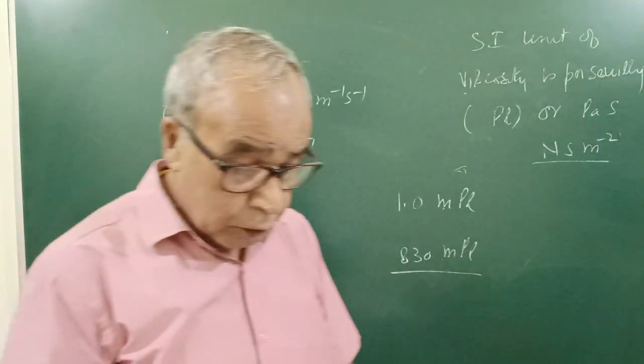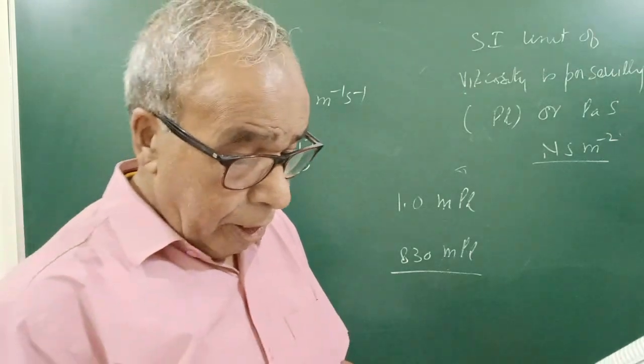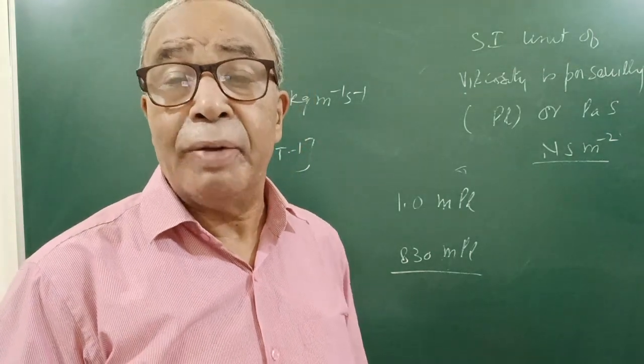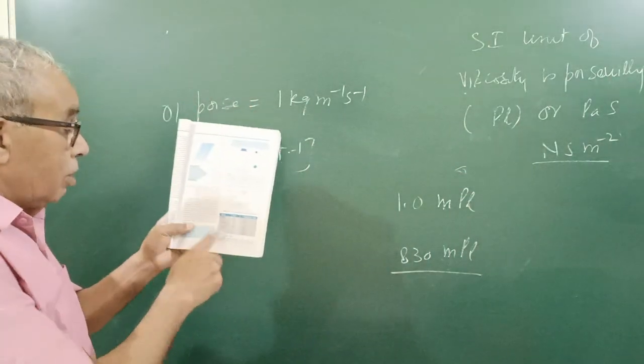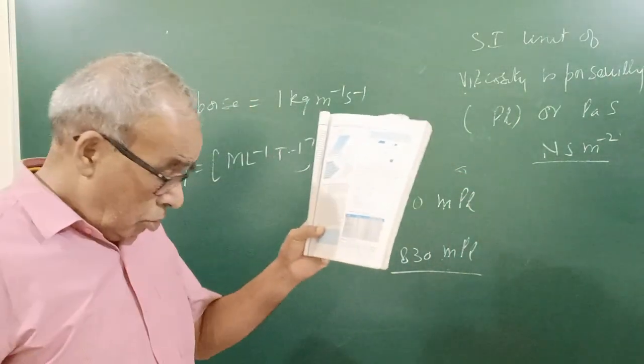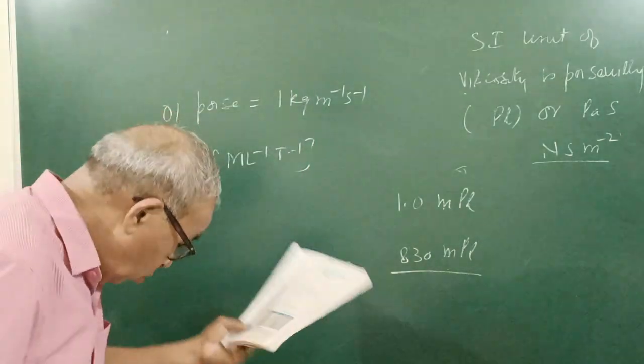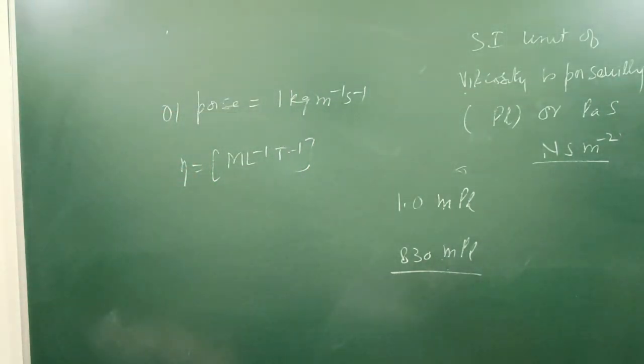Honey has 200, air 0.017. Please note these things too. Use this table to read, okay? This will help you to understand.